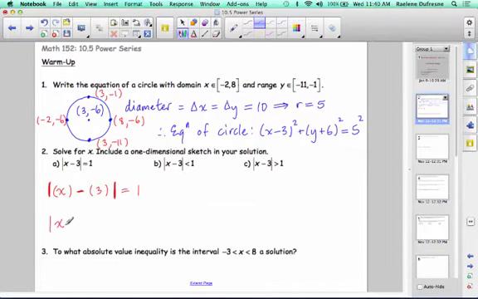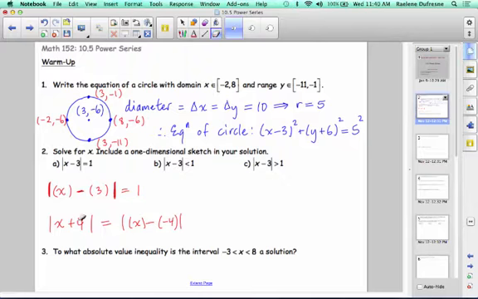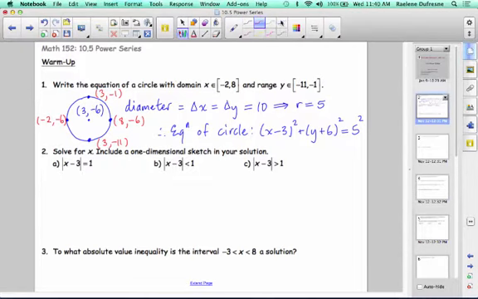If we had had absolute value of x plus 4, we would read that as the distance between x and -4. And so from this perspective, reading absolute value as distance, I want to see that this means the distance between x and 3 is 1.